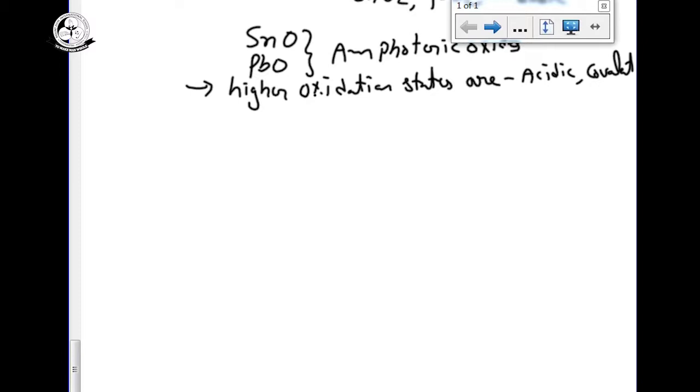This is reactivity towards oxygen. Next, reactivity towards water.